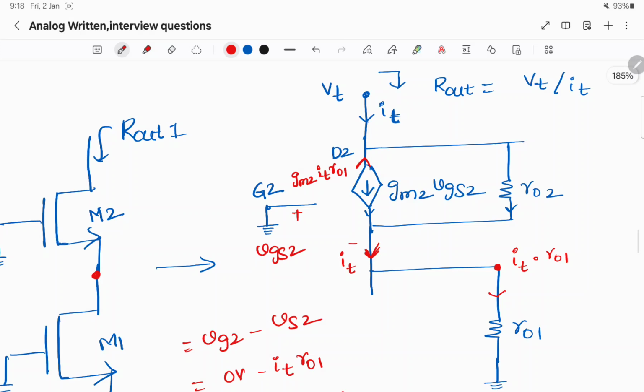By KCL, these two currents are entering the node. Let us say the current is leaving here, flowing in this resistor ro2 in this direction. The leaving current in this node is the sum of these two currents by KCL. I will take IT common, so it will be IT times (1 plus gm2 ro1).